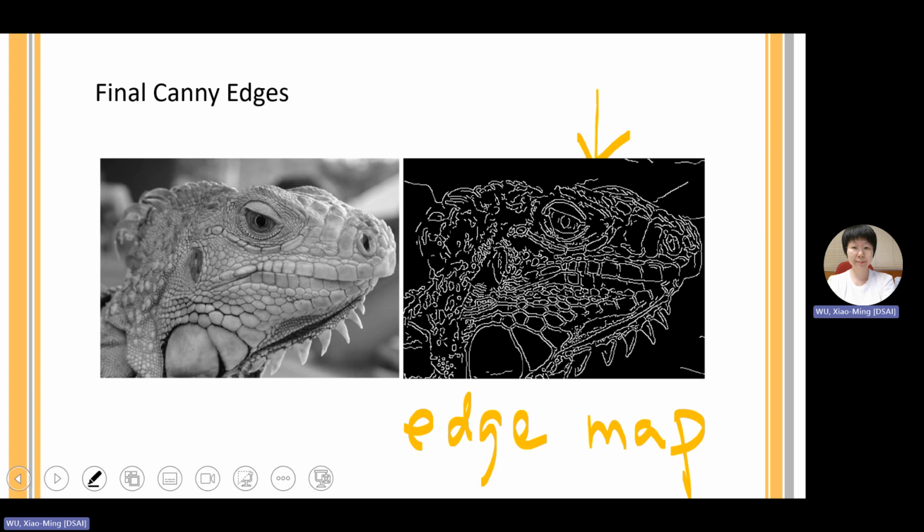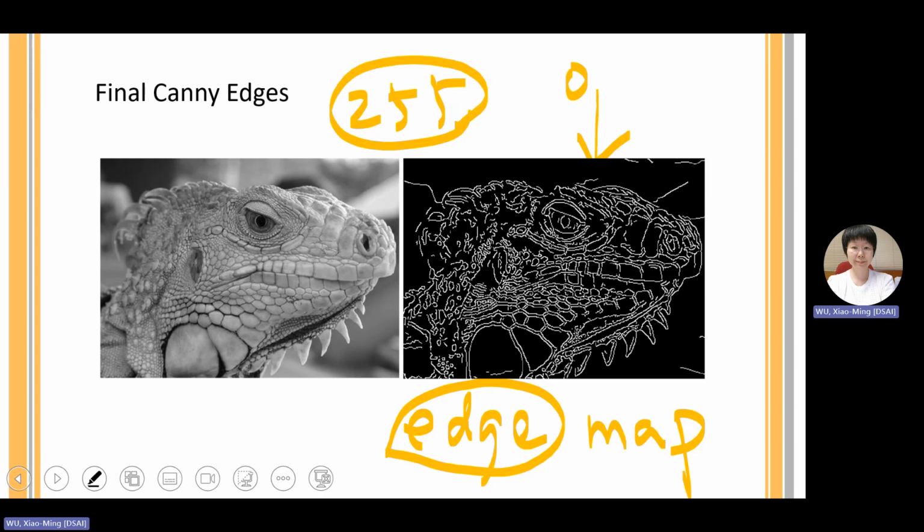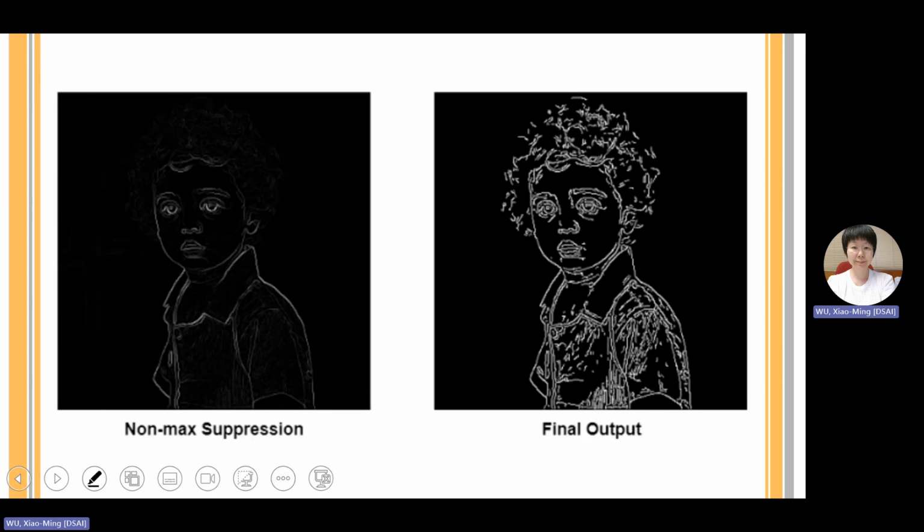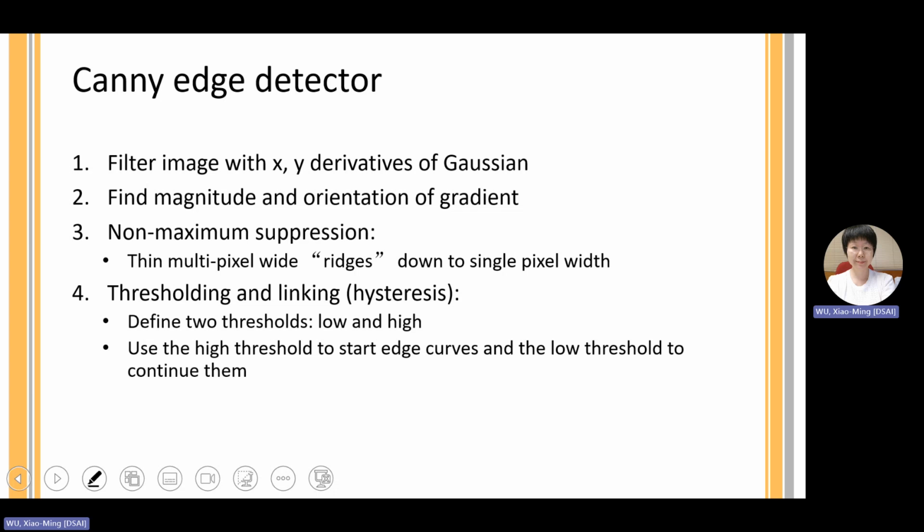The pixel value could be 255 or 0, so the edge pixels correspond to pixels with non-zero values. This is also the final output, the edge map.